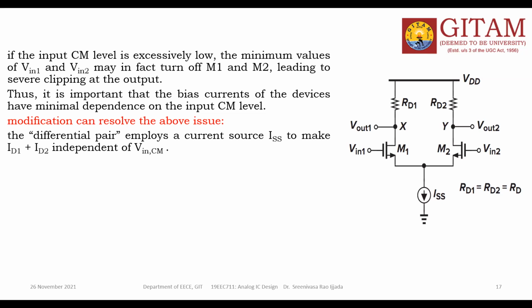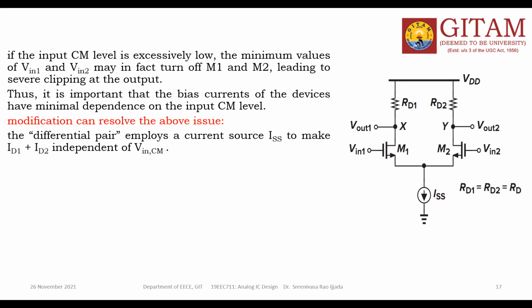That is the modification. The differential pair employs a current source ISS to make two branch currents, one ID1 and one more ID2 branch. This is the ID1 branch, the ID2 branch. These two currents join together at this node, and it is nothing but equal to ISS.